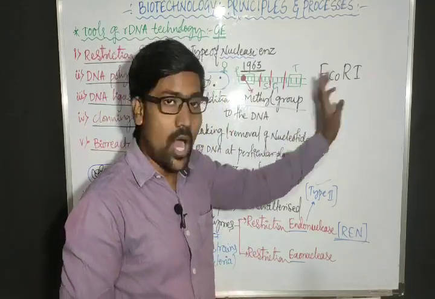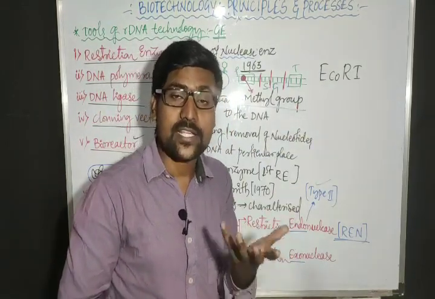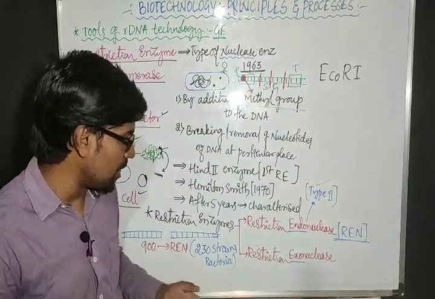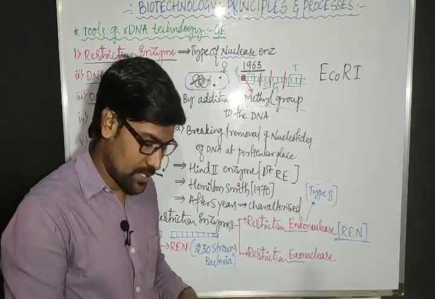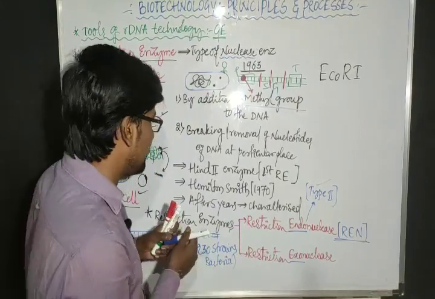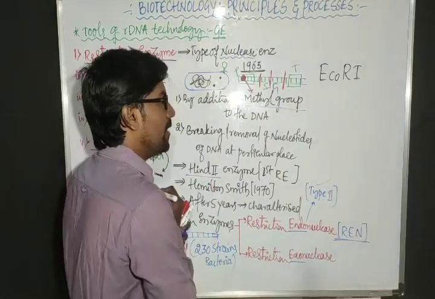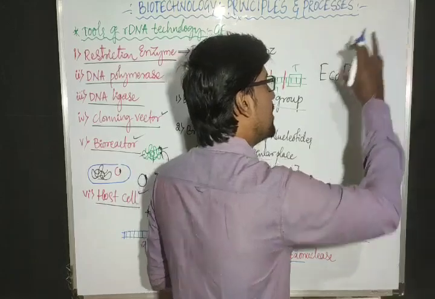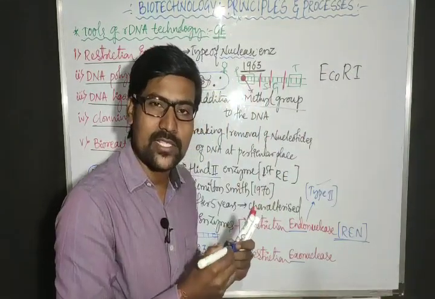Which enzyme? EcoR1. But what is the first isolated restriction endonuclease enzyme? That is HindII. The first isolated enzyme is HindII, but the most studied enzyme is EcoR1, the famous restriction endonuclease enzyme.